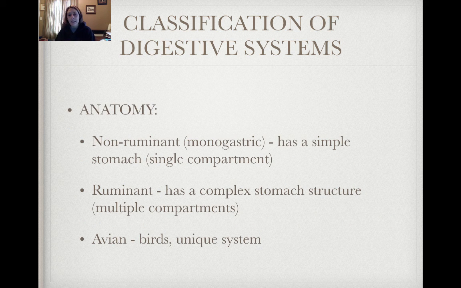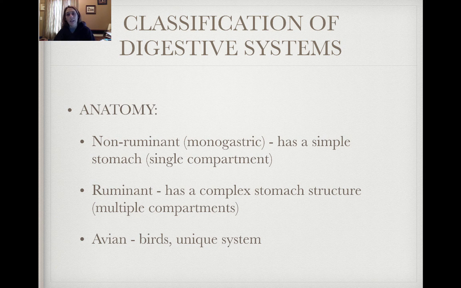On the anatomy side, we have 3 classifications that we use. We have the non-ruminants, also called monogastric or simple stomach. They just have a single compartment stomach. We don't use the term non-ruminant as much because that implies a lower stature than the ruminant, which, you know, cows are cool.